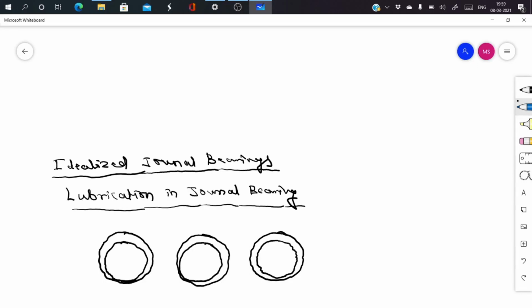This is the center of the journal. This is the center of the bearing. The clearance, we call it radial clearance C. Now let us connect these center lines.